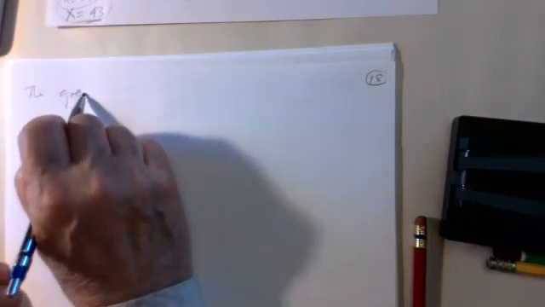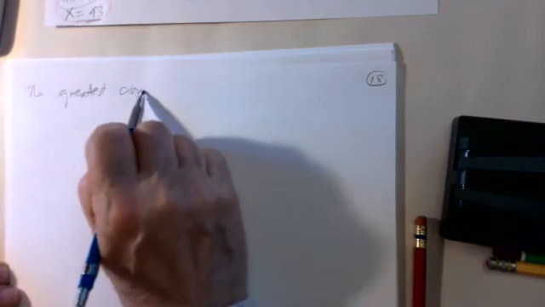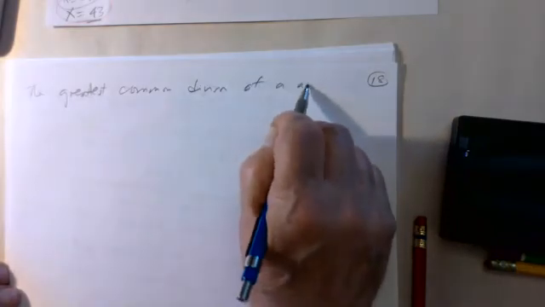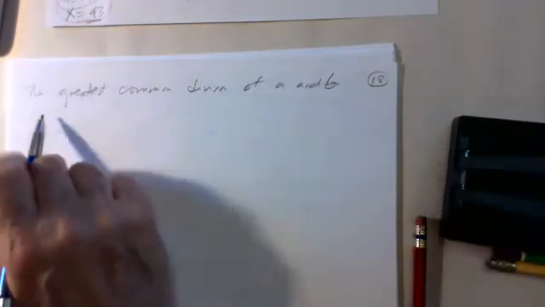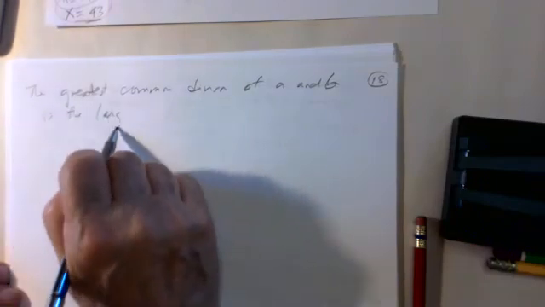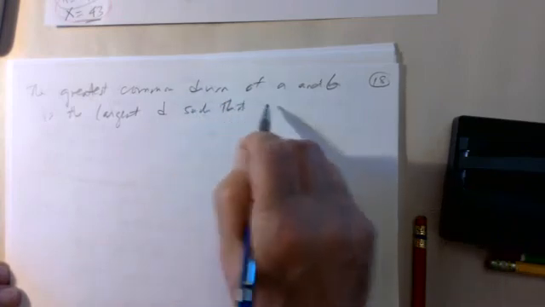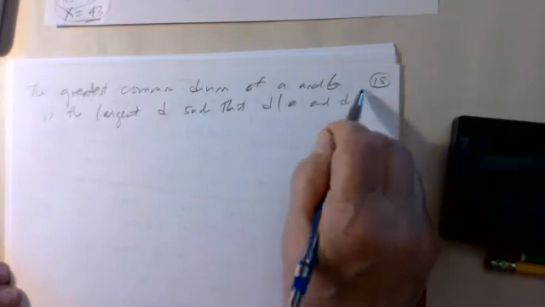Let me prove one more result connected with the Chinese remainder theorem, and then we'll do some more examples. So recall the greatest common divisor of two integers a and b is the largest integer d such that d divides a and d divides b.